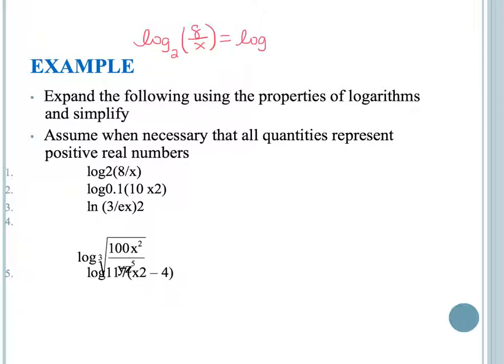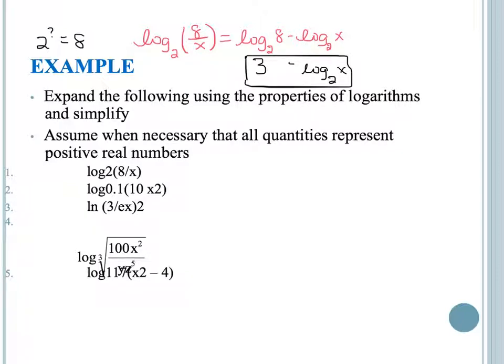So I would have the log base 2 of 8 minus log base 2 of x. And then this log base 2 of 8, I need to see if I can simplify it. I'm thinking 2 to what power equals 8, and 2 to the third gives me 8. So 3 minus log base 2 of x is my final answer.